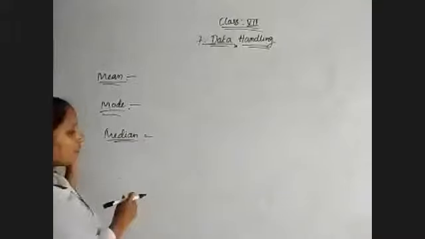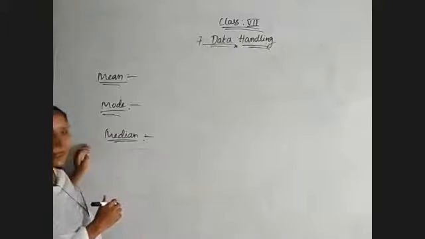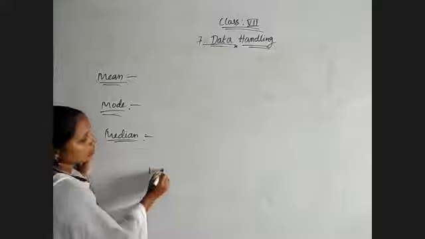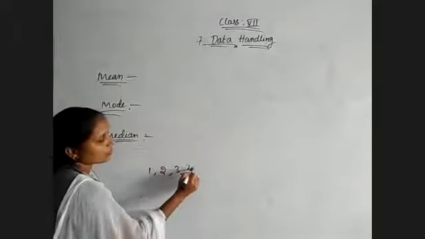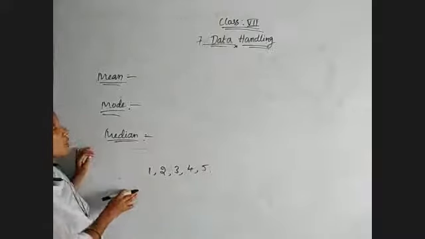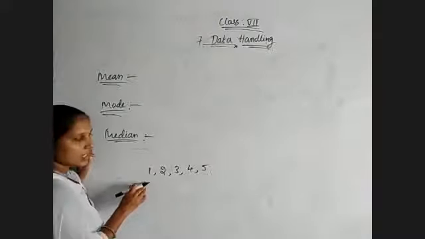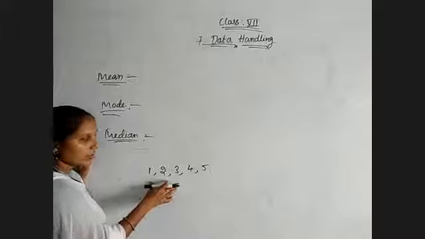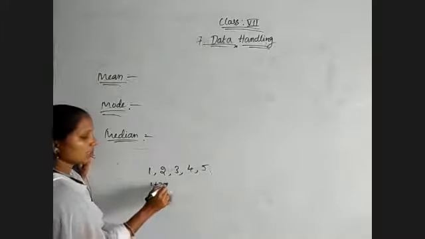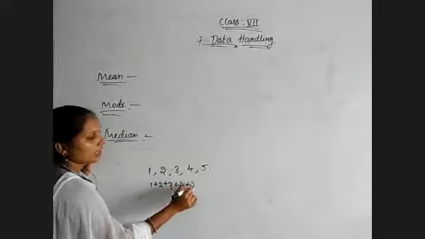Now, suppose I am giving: find the mean of the first 5 natural numbers. The first 5 natural numbers are 1, 2, 3, 4, 5. So this is the given data, and for these numbers we need to find the mean. Mean is nothing but the sum of the observations divided by the number of observations. That is 1 plus 2 plus 3 plus 4 plus 5 by 5.